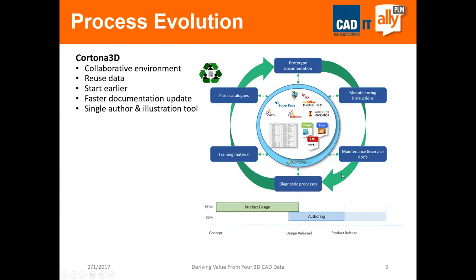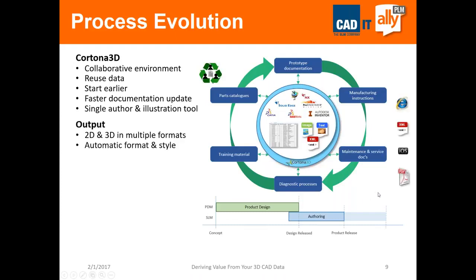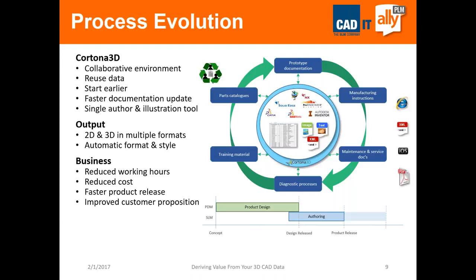We have support for iOS devices and also, of course, PDF. Even though we like to work in 3D, there's still a huge requirement out there to create printable documentation. So when I get to the product demo, I'm going to show you how to publish both. And of course, the benefit for that is you take some of the pressure off of the technical authoring and publications area.